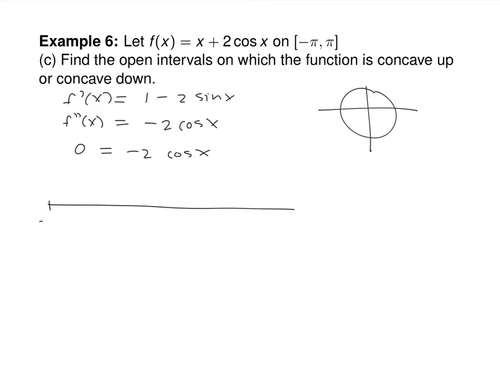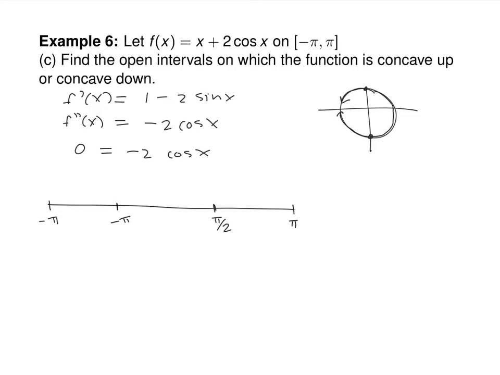So in the interval from negative pi to pi, where is the cosine 0? In this positive direction, it's 0 at that point right there, isn't it? So what point is that? Pi halves. And in the negative pi direction, when is the cosine 0?